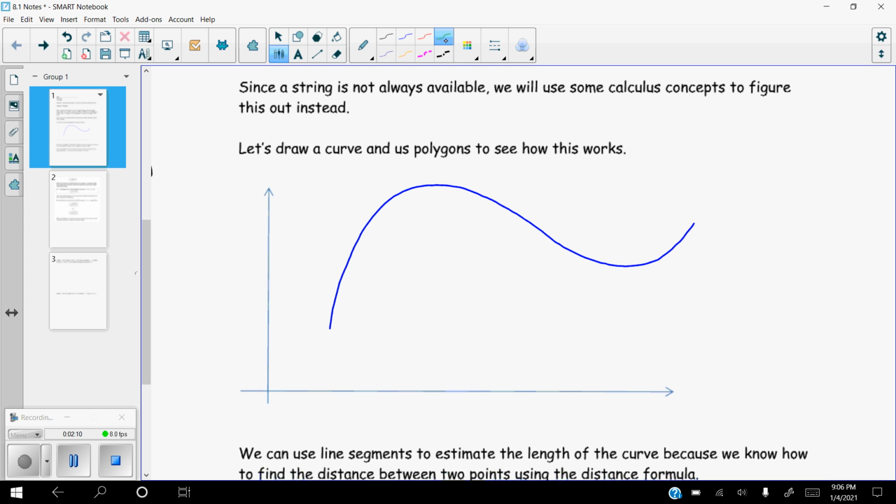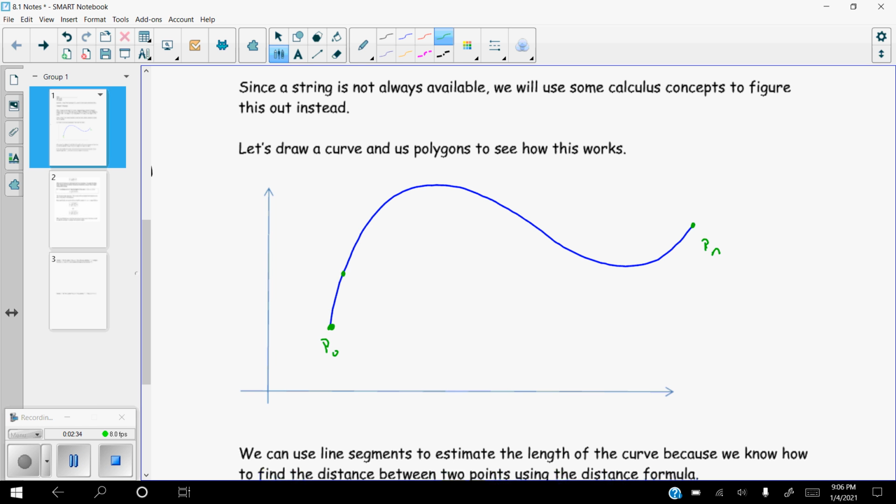Along the curve, we're going to label a bunch of points. We have an initial point, we'll call that P sub 0. We have an end point, we'll call that P sub n, because we don't know exactly how many points there are. Obviously, there's an infinite number of them, but we do have a last point. That would be P sub n. Then we're going to have a bunch of points in between.